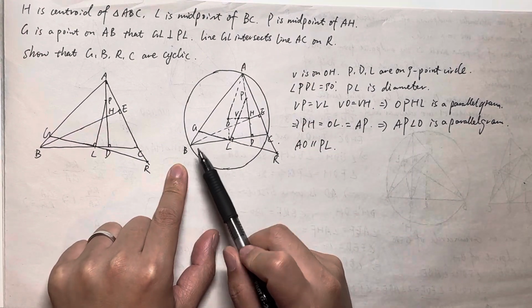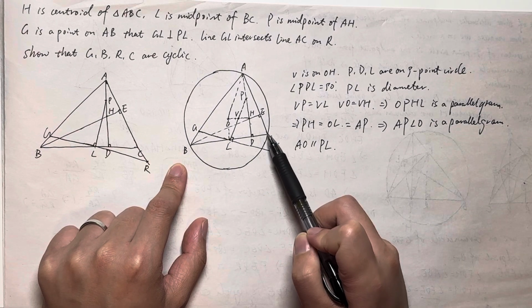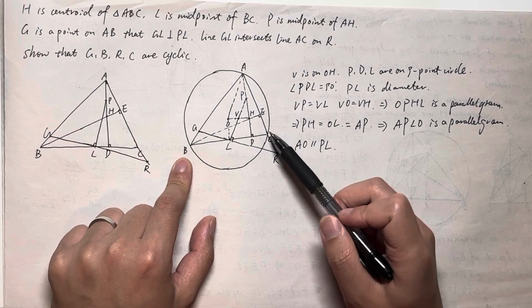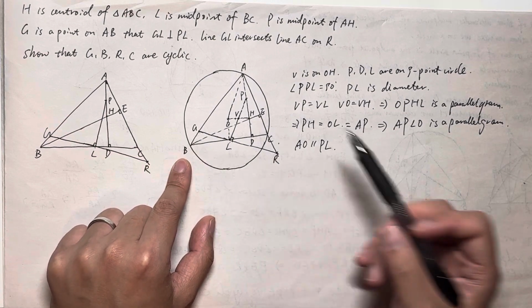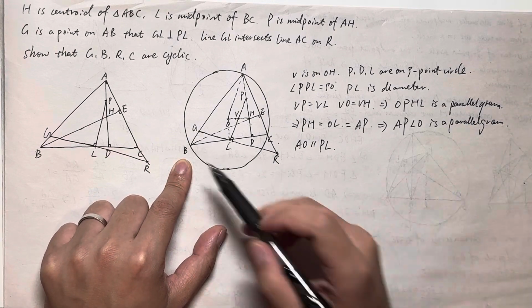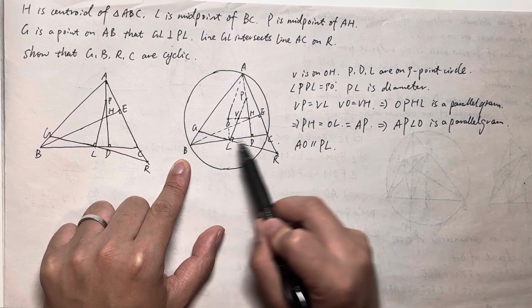If we want to prove GBRC is a cyclic quadrilateral, we can prove that angle BGR equals angle BCR.